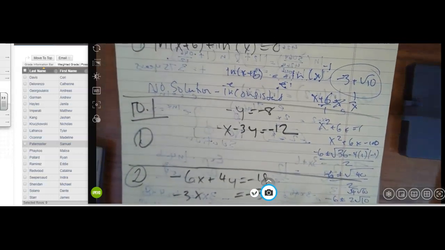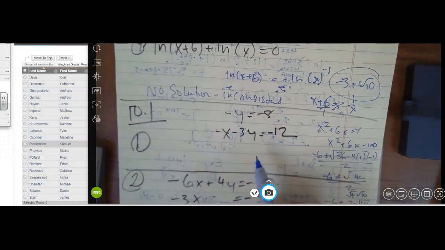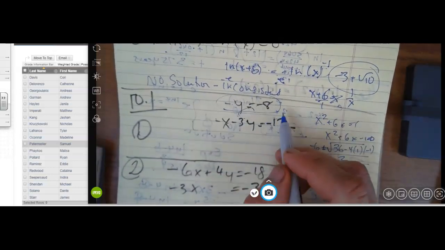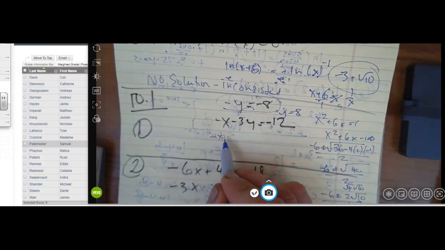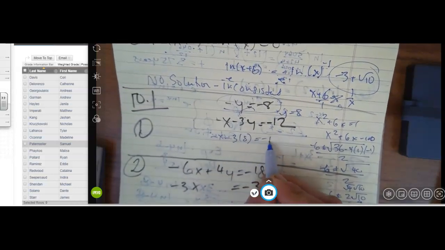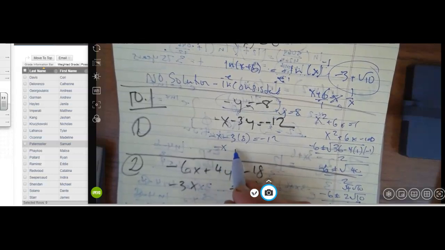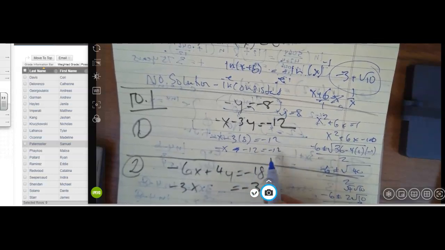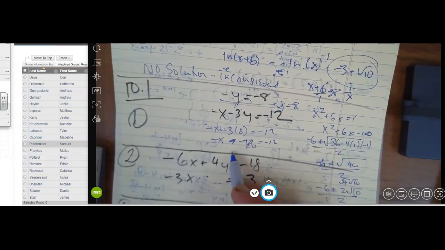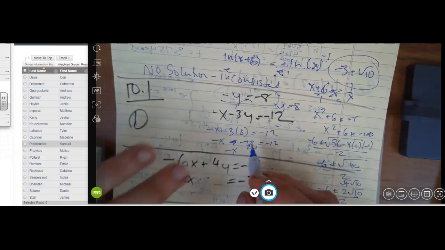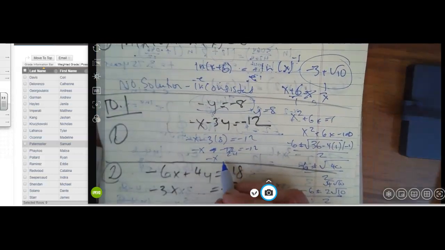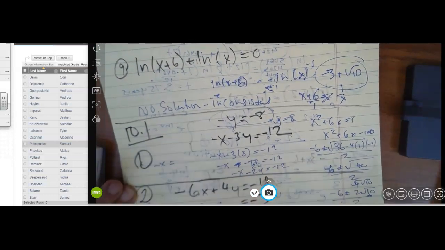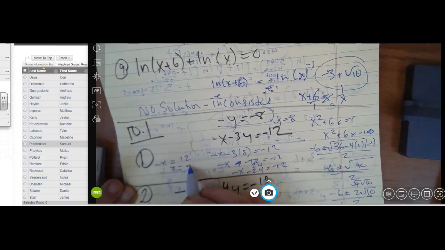Now back to 10.1, where you have two equations at the same time, two unknowns. Substitute that in. So this means y equals 8. Minus 24, negative x equals 12, x equals negative 12.